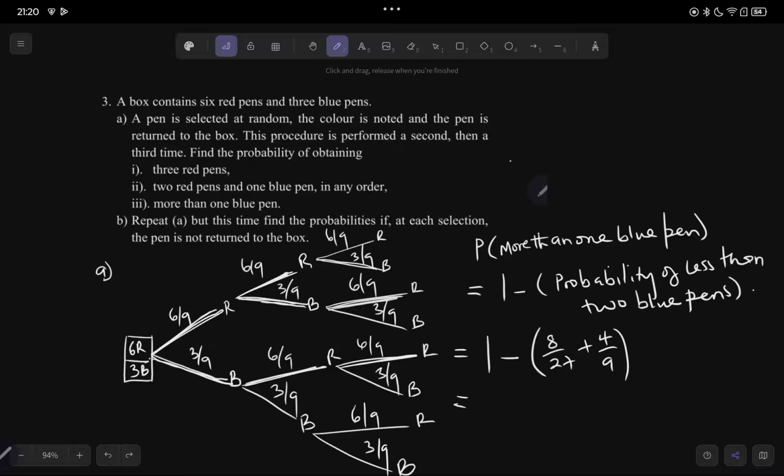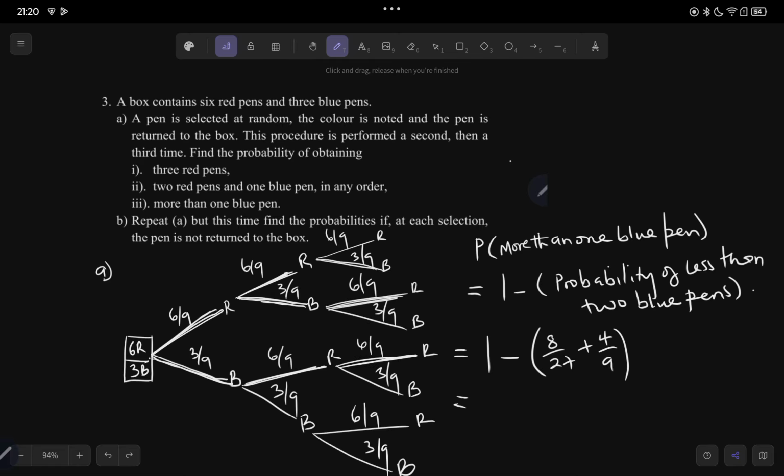which is the complement of what we already have. So when we work it out on the calculator, 1 minus 8/27 plus 4/9 gives us 7/27 as our answer.